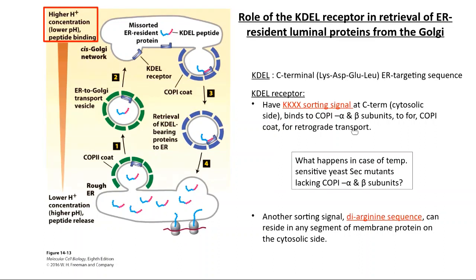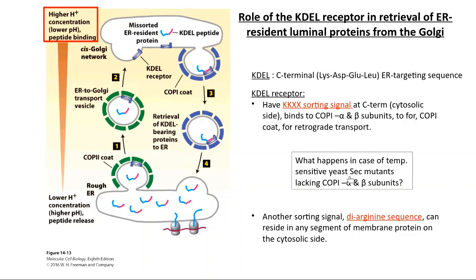So these membrane proteins have these KKXX sorting signals at the C terminus and bind to the COP1 alpha and beta subunits, which recruit these KDEL receptors and the KDEL sequence attached proteins themselves.